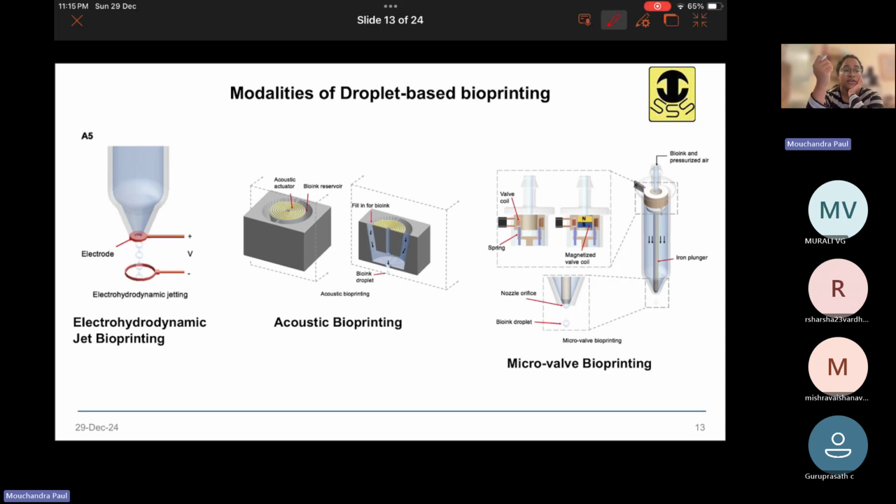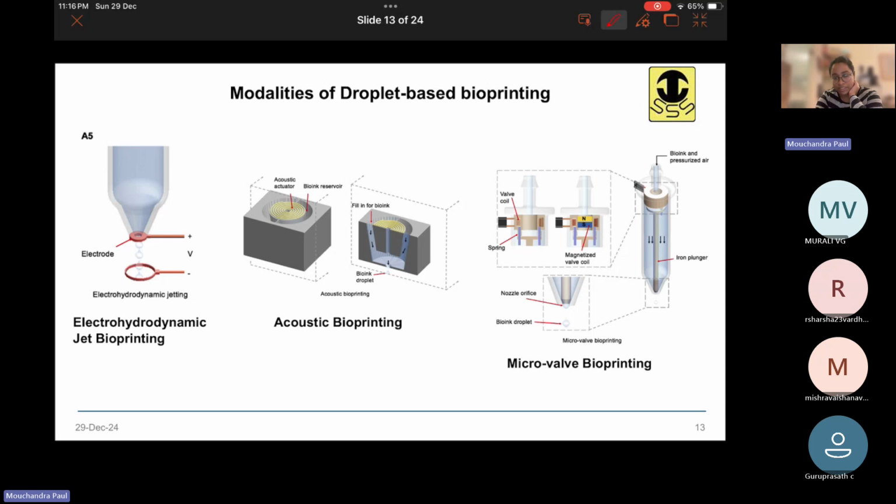There is also a piezoelectric actuator, like a substrate, which changes its shape, and that causes the gold ring to vibrate and create a sound wave. That sound wave propagates within the bio ink reservoir, and the sound waves created are circular in nature, where the center of this circular sound wave pattern consists of high energy.